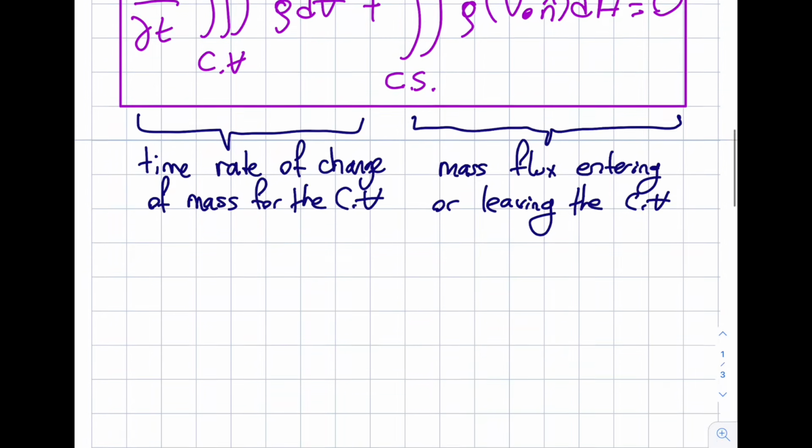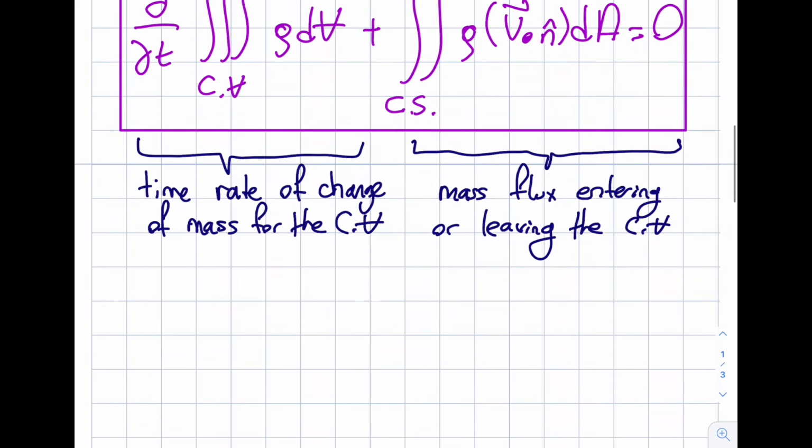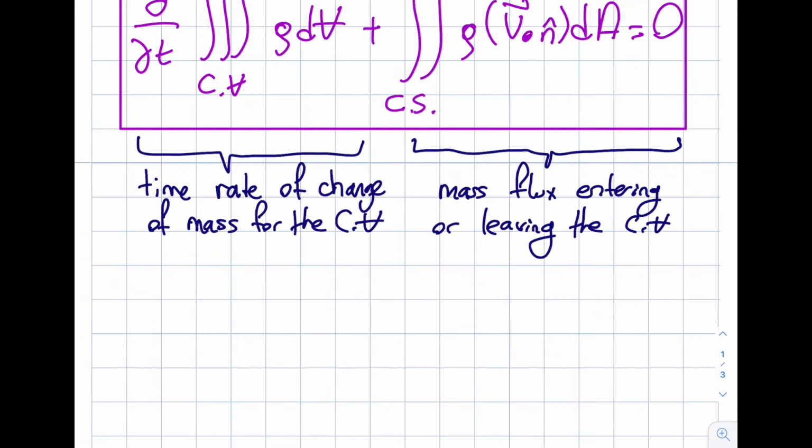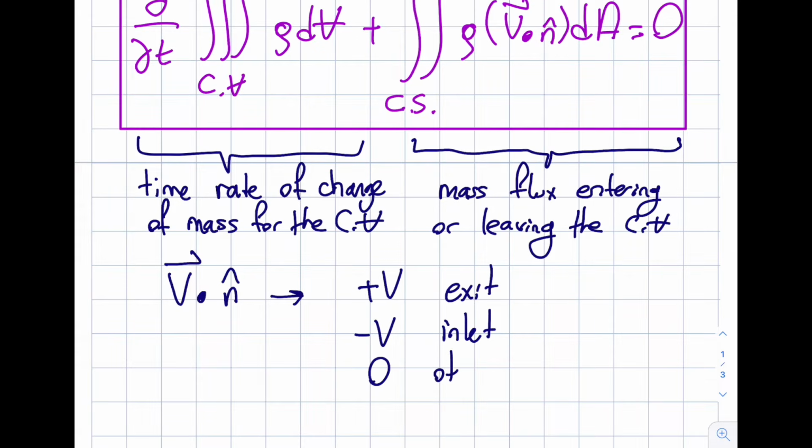Also, let's actually write this because I don't think we all remember. V dot n from the previous segment was plus V for exit, minus V for inlet, and 0 otherwise. You may want to revisit the previous segment to double check.